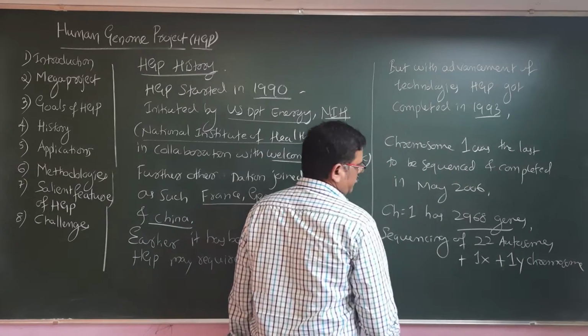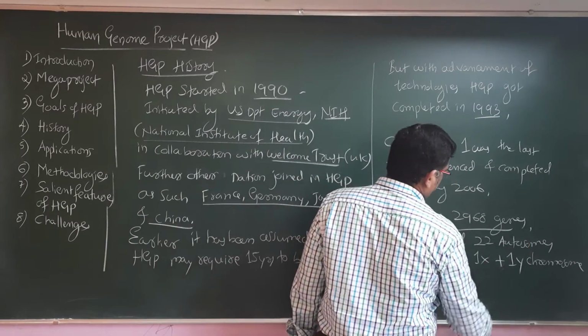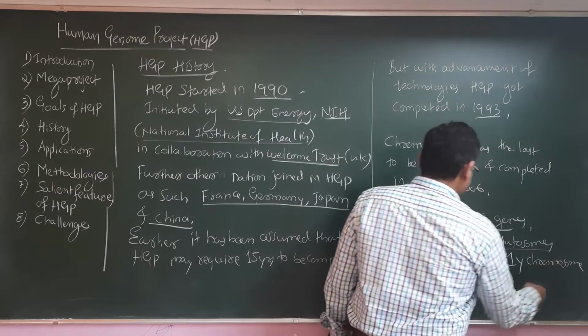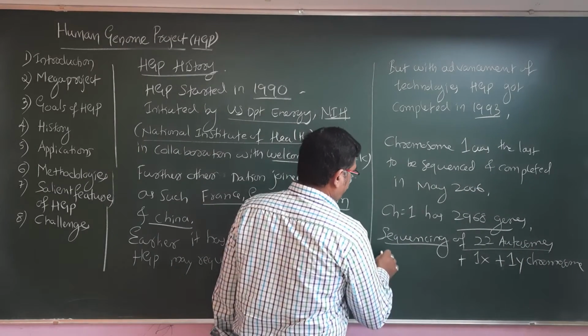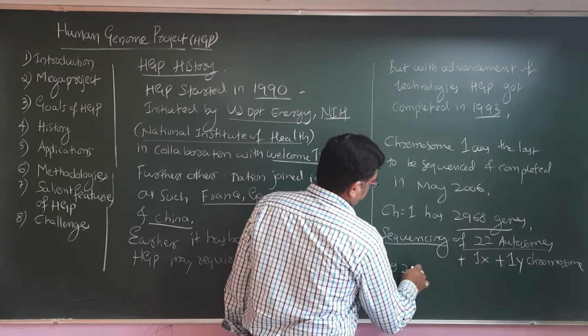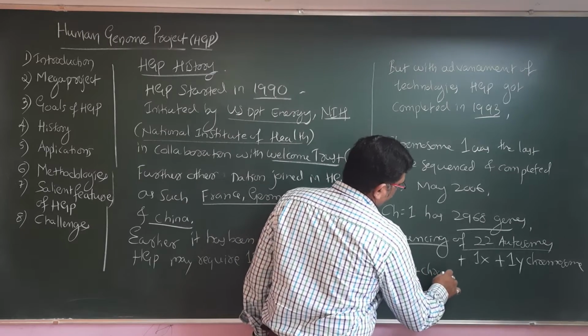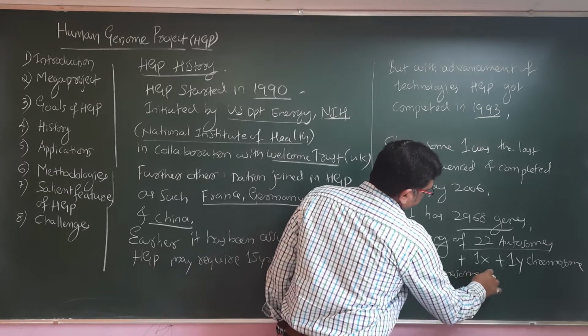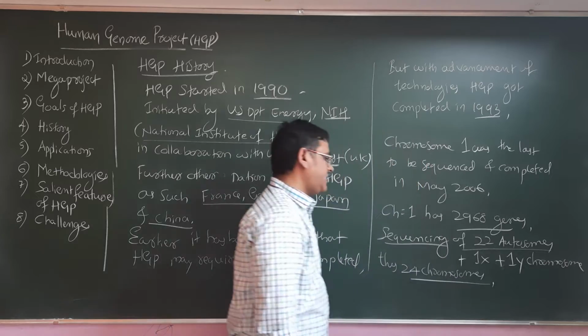So the total is sequencing of 22 autosomes plus the sex chromosomes, thus 24 chromosomes. Sequencing is completed.